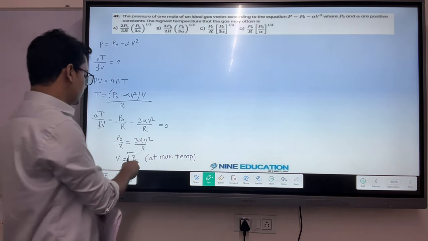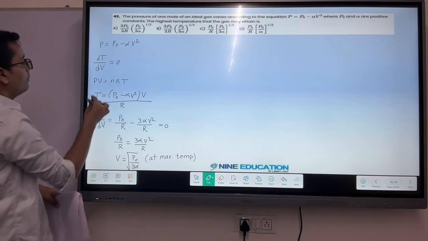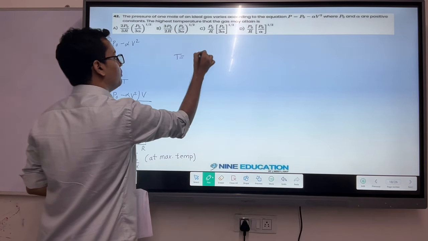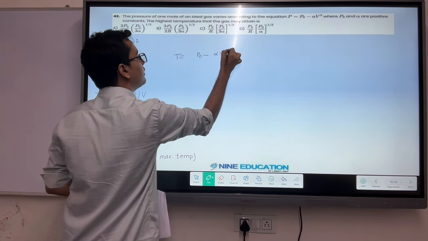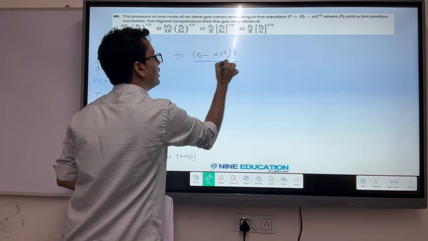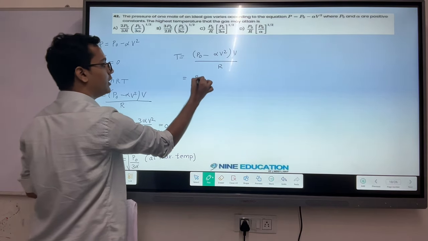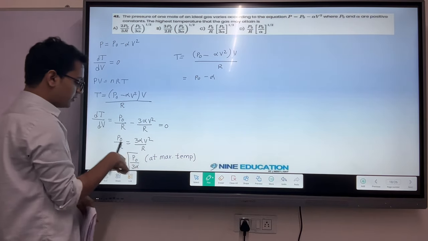So simply substitute this value back into this equation. T is equal to P naught minus alpha V square into V divided by R. Substitute this value over there. So what is the value of P naught minus alpha into V square?